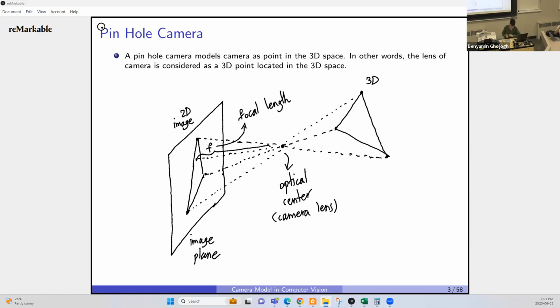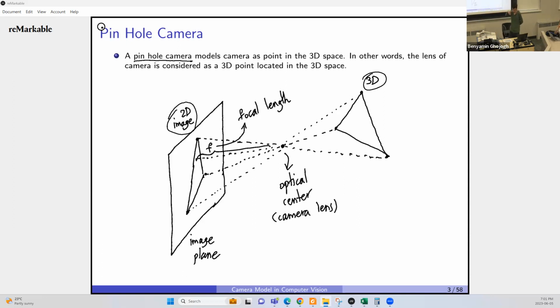So a pinhole camera models the camera as a point in 3D space. Whenever we have a camera, whether it's for taking pictures or recording video, and video you can see as a stack of frames, images, we have a 2D image as shown here, and we have 3D objects.